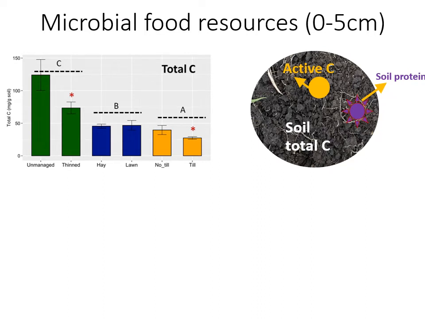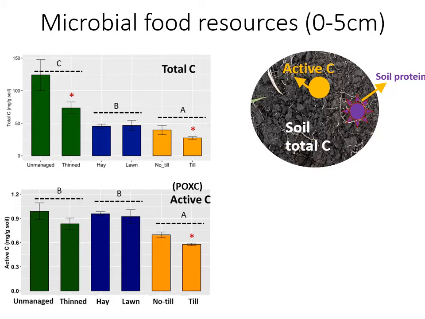In the lab, we first quantify soil total carbon. You can see that from the top 0 to 5 centimeters, soil total carbon declines as management intensity increases. And the unmanaged forest has more total carbon than the managed forest. No-till soils have more carbon than the tilled soil, but hayfields have generally similar total carbon as lawns.